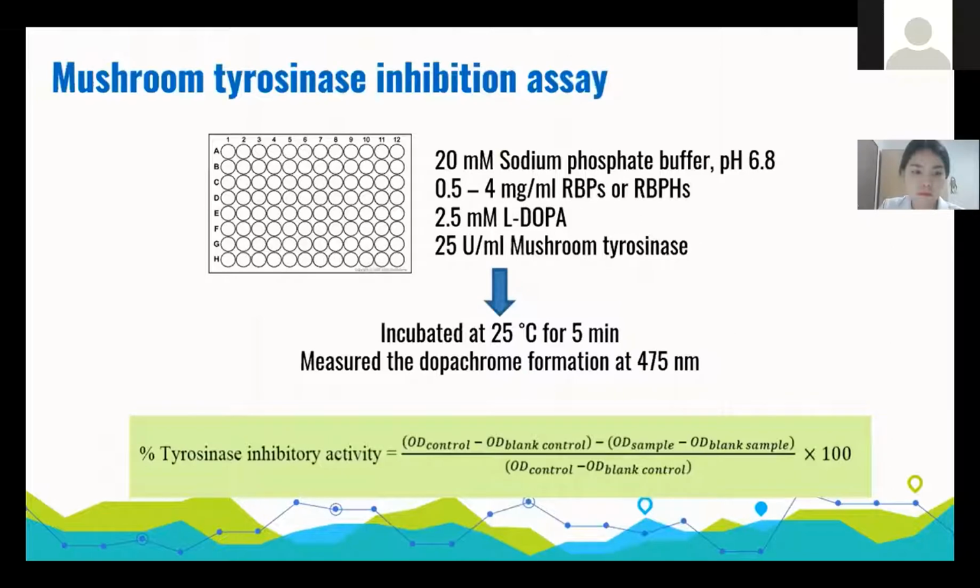The mushroom tyrosinase inhibition assay was performed in triplicate. The reaction mixture contained 20 millimolar sodium phosphate buffer pH 6.8, RBPs or RBPH at the concentration 0.524 mg per milliliter, 2.5 millimolar L-DOPA, and 25 units per milliliter mushroom tyrosinase.